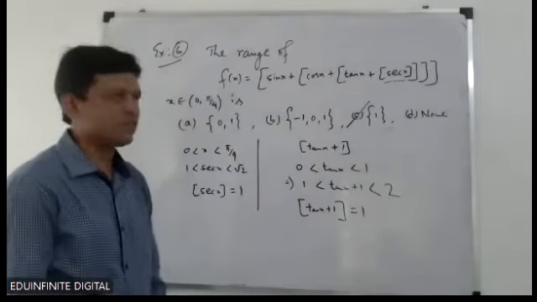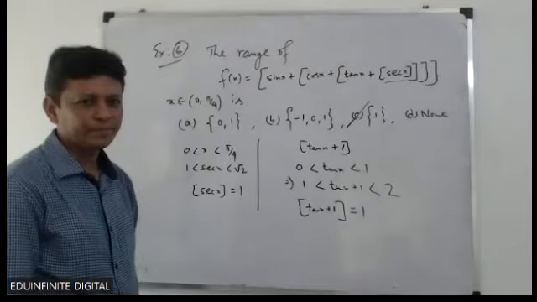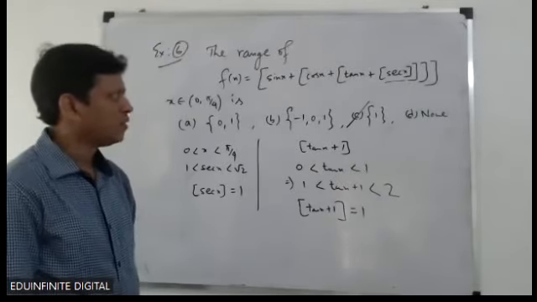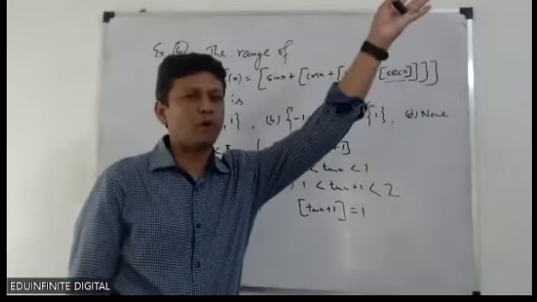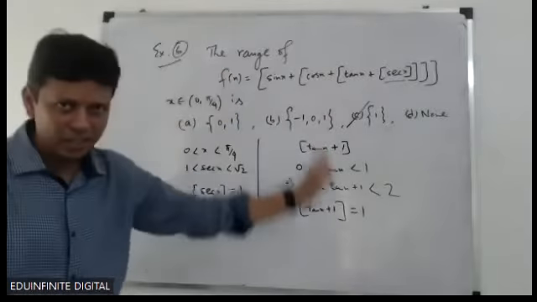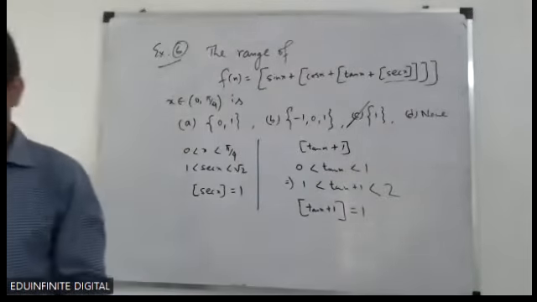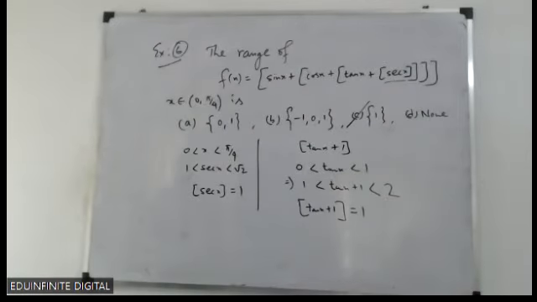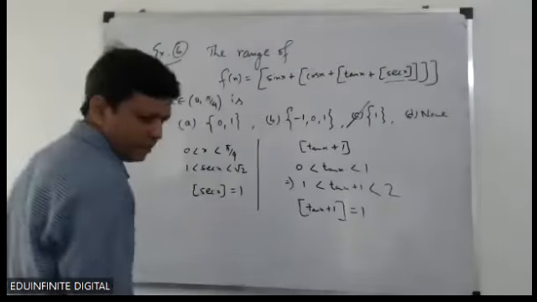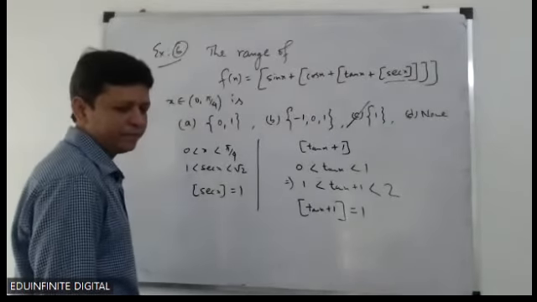So I think this is the range. There can be more functions inside the box, but you have to do it analytically, just sectionally check. Am I clear? Shall I move to the next one?